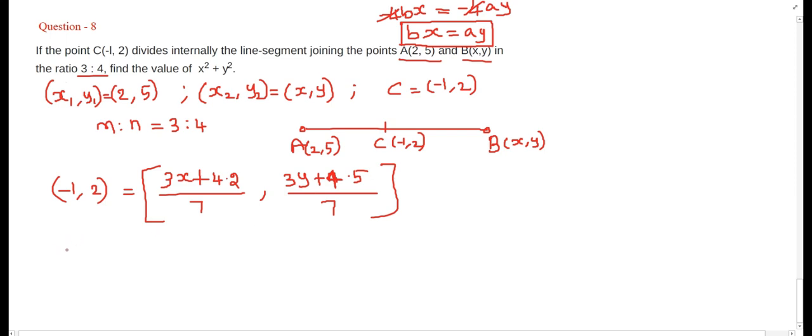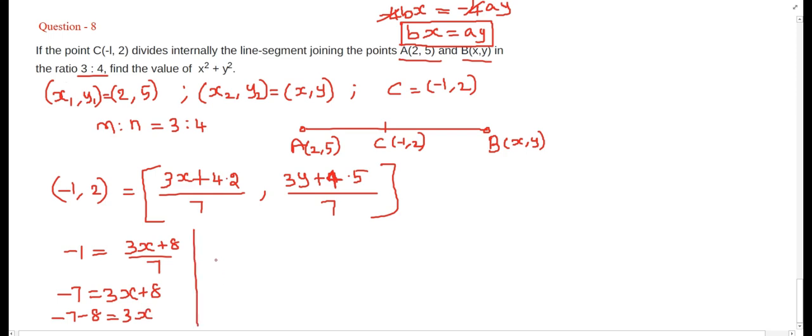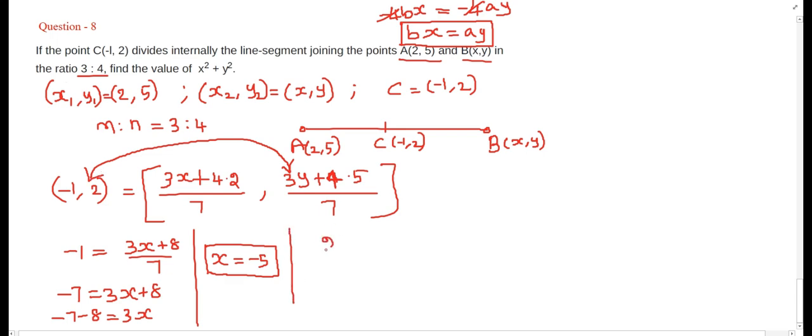So equating the corresponding coordinates, minus 1 equals (3x plus 8) by 7. Cross multiplying, minus 7 equals 3x plus 8, so minus 7 minus 8 equals 3x, which means x equals minus 5. Also equating the y coordinates, 2 equals (3y plus 20) by 7.